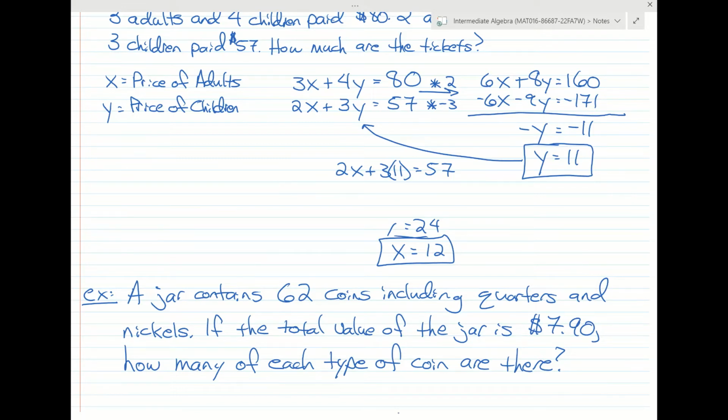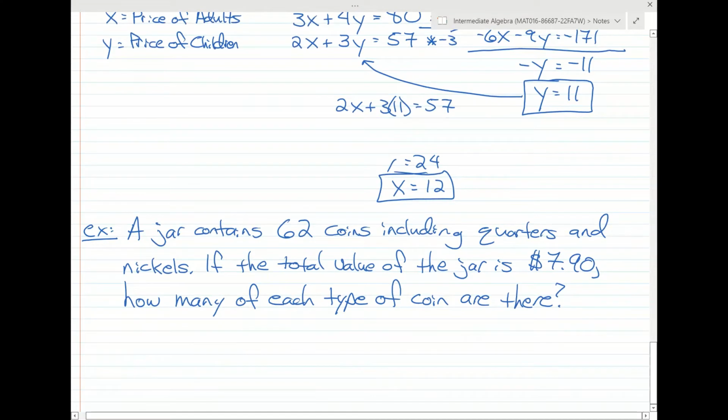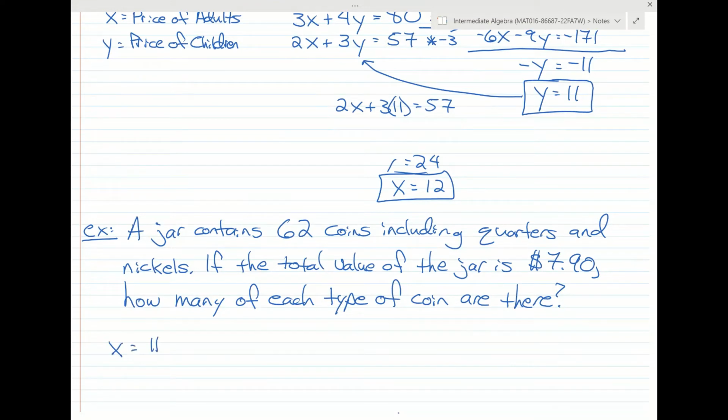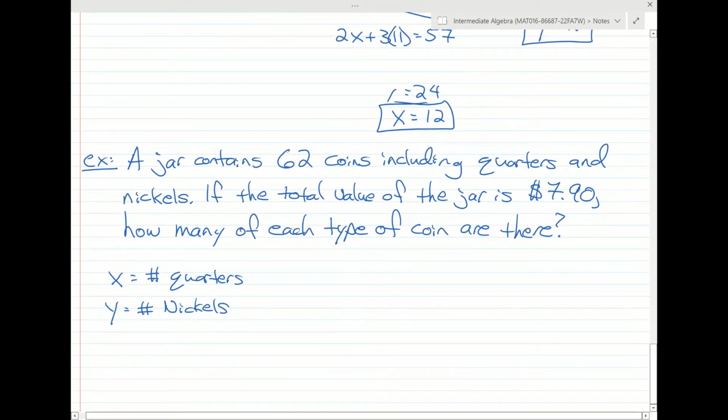All right, so well, we don't know how many quarters there are. We also don't know how many nickels there are. But there's 62 coins.